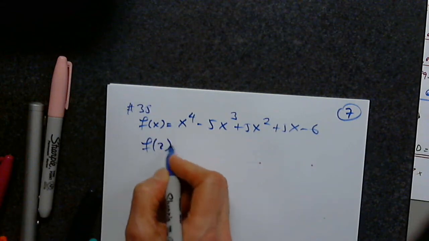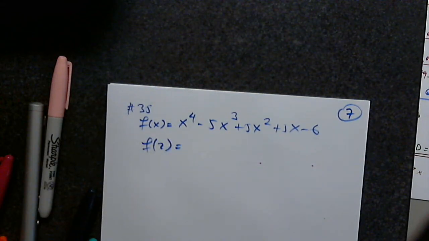They want us to find f of 2. Can anyone give us f of 2 when you're ready? Is that 5x minus 6? 5, 5, 5, 5, all of them, except the last one. Yep.